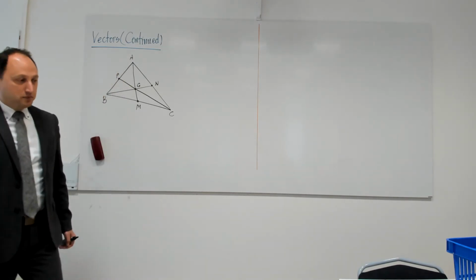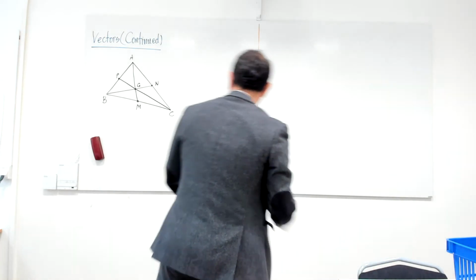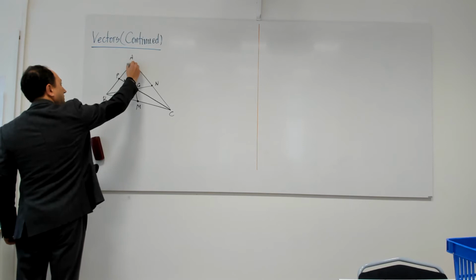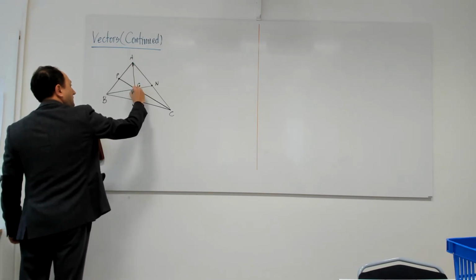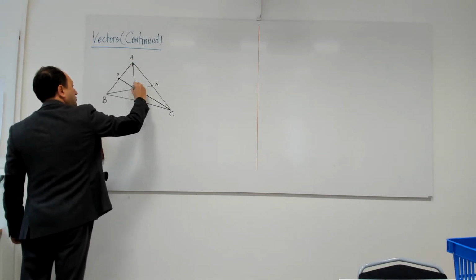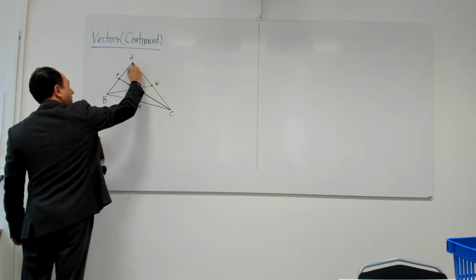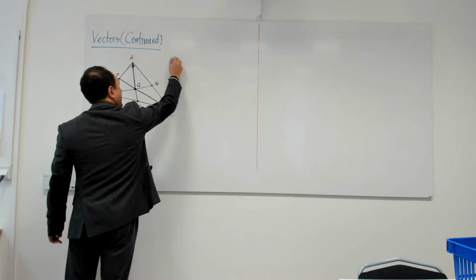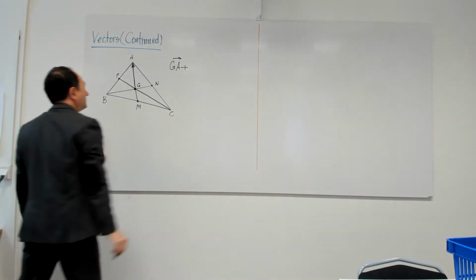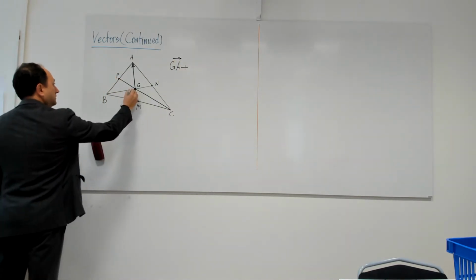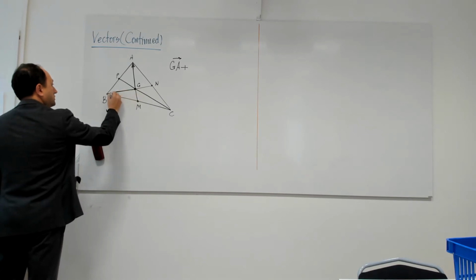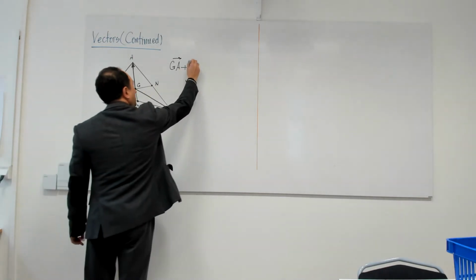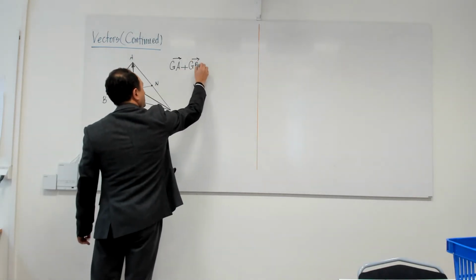Okay, there is a very nice property here that let me ask you this. If you have this vector from G, from the center of gravity to this vertex, this becomes a vector. My goal is to add this vector to this vector, which goes from the center of gravity to this vertex, and I want to add the third one to it.